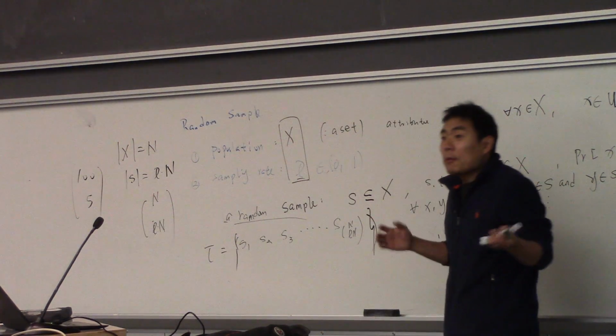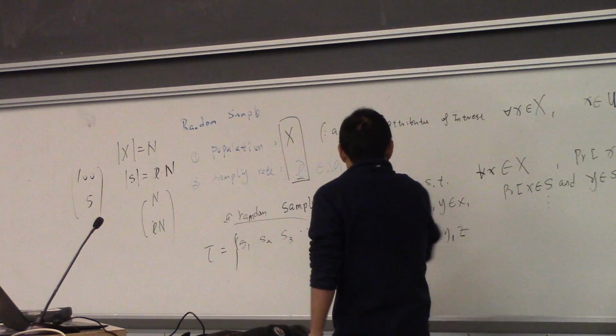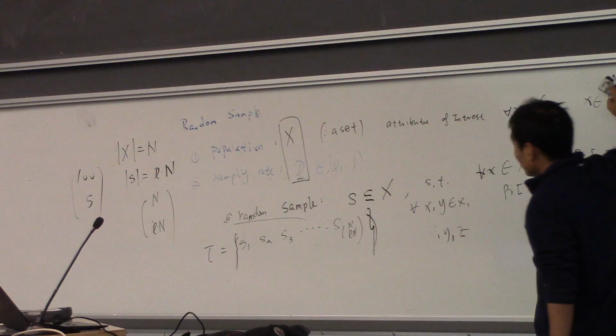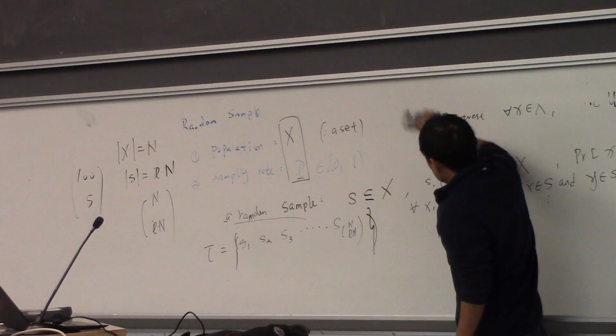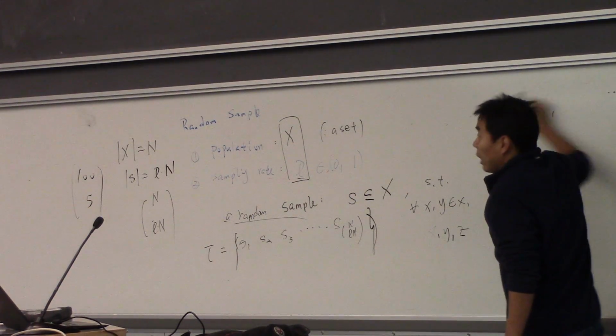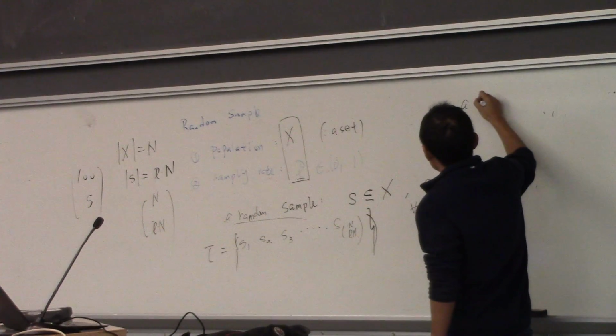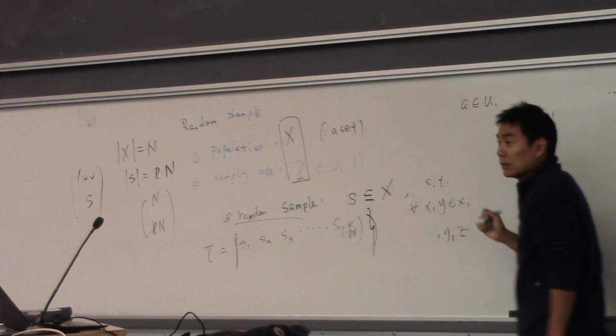Now, what the problem is asking you to do is to estimate the frequency. What this problem asks you to do is to show how you can estimate the frequency of a particular value a, if a is from the universe.